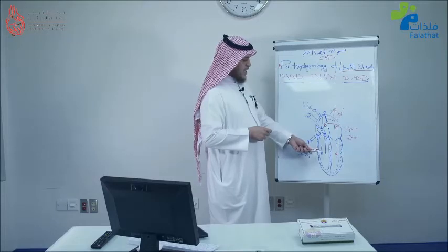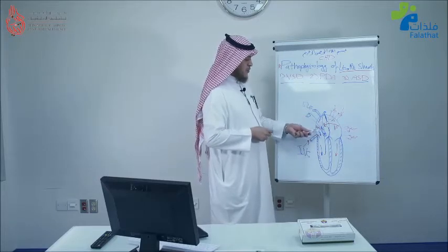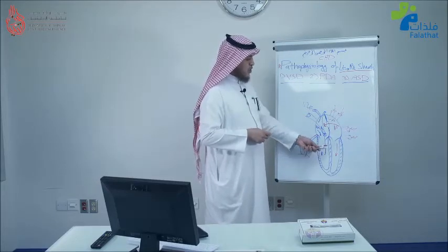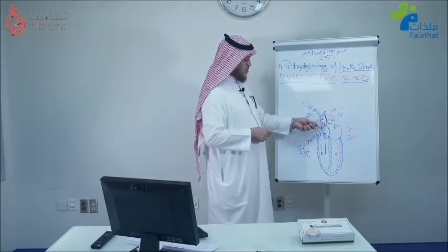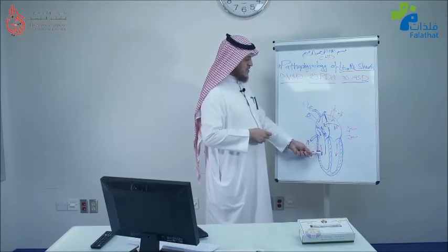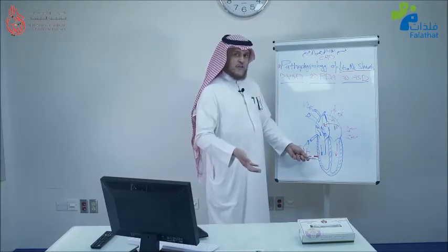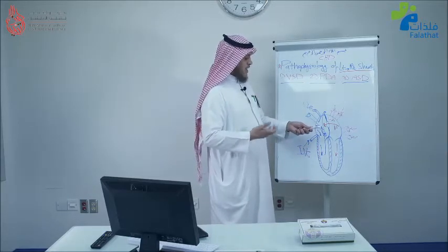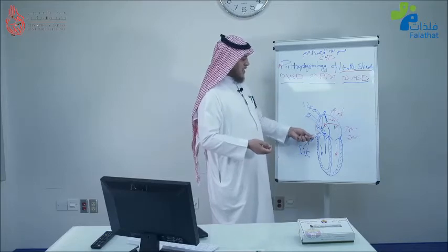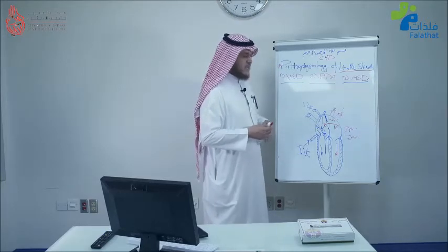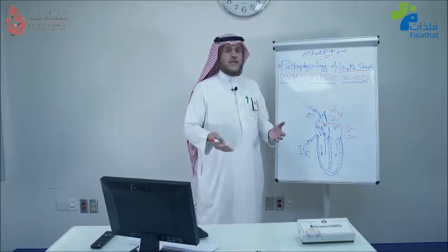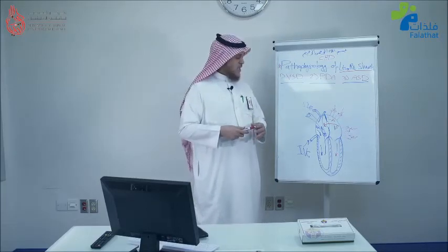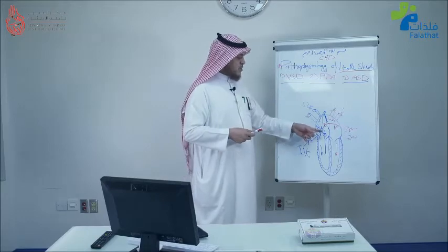Obviously, again, because of the pressure being almost all equal, and because the cardiac output received by the right atrium and the right ventricle is more than normal, the pulmonary artery will also receive the additional cardiac output in the same low pressure, low systolic ejection pressure, and the pulmonary artery will also dilate.